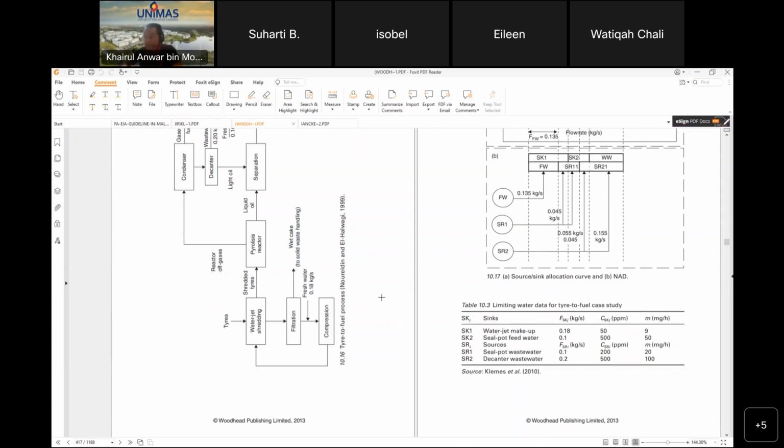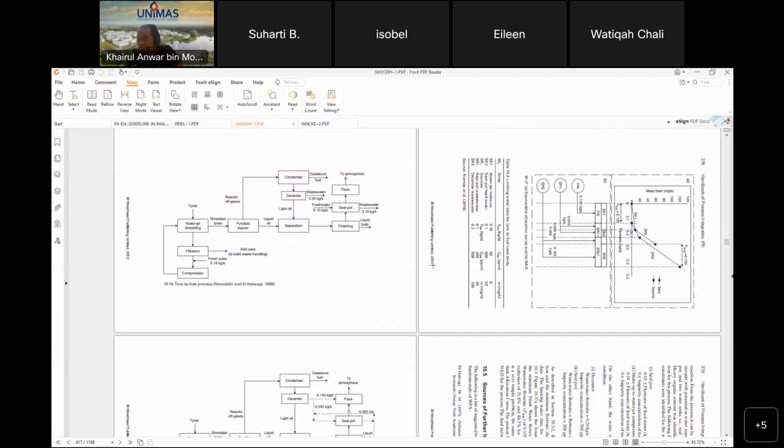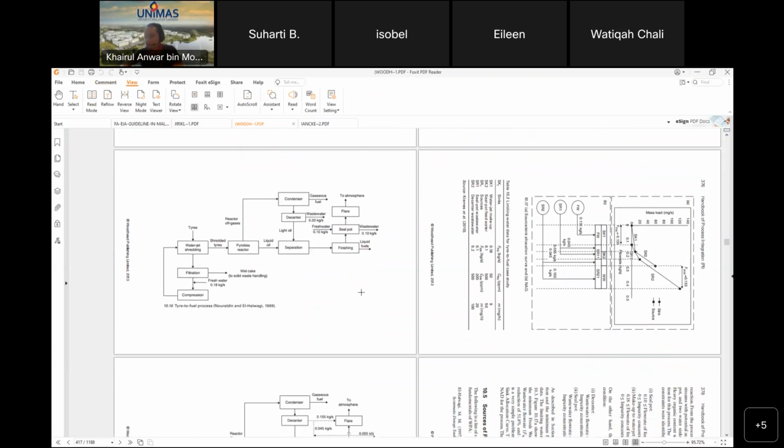So from this tire to fuel process, later. Water jet shredding. The tire is added to water jet shredding, and the shredded tire goes to the pyrolysis reactor.